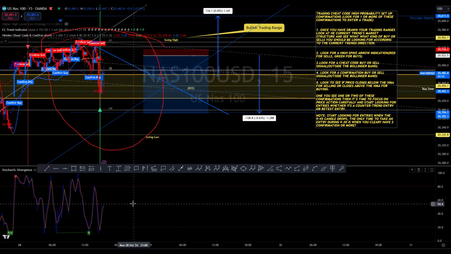Confirmation buy disappeared. So let's see, the next candle says, if it says confirmation buy, then that might be good.